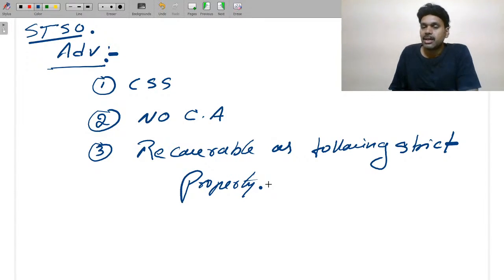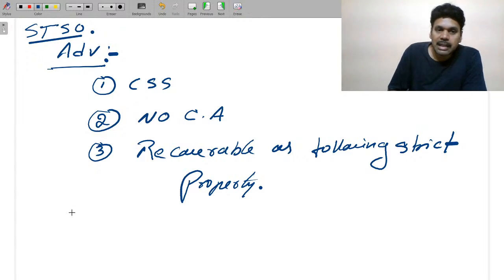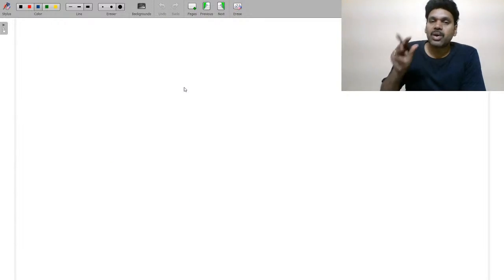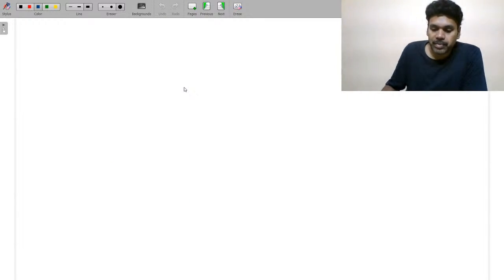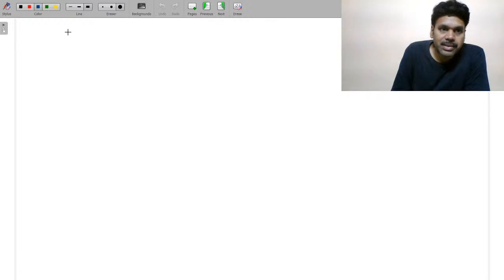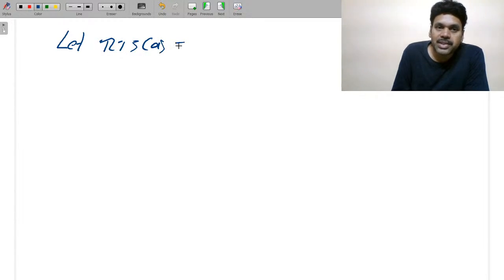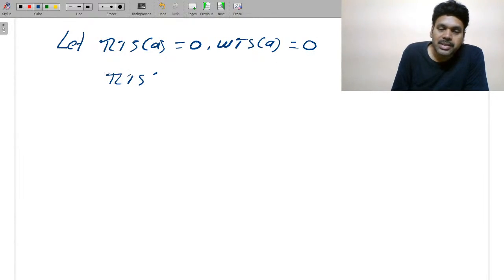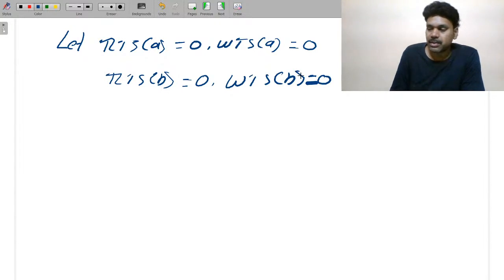Okay, friends. So let us cross check. The example is, please once again, you all look at the examples carefully. The example is like this. Let RTS of A be 0 and WTS of A be 0, RTS of B is equal to 0, WTS of B is equal to 0.